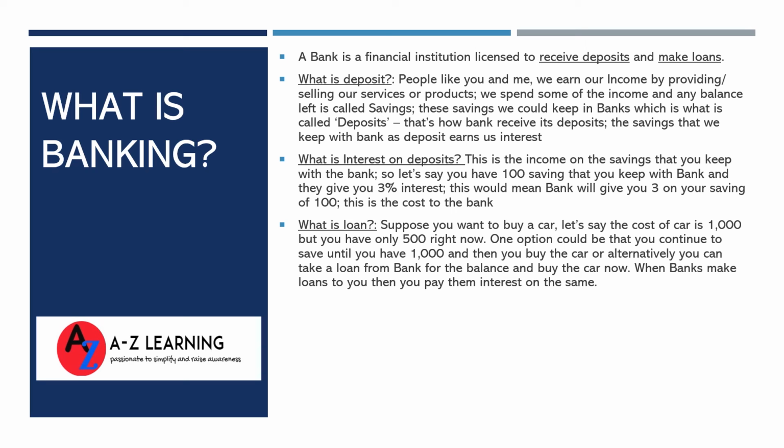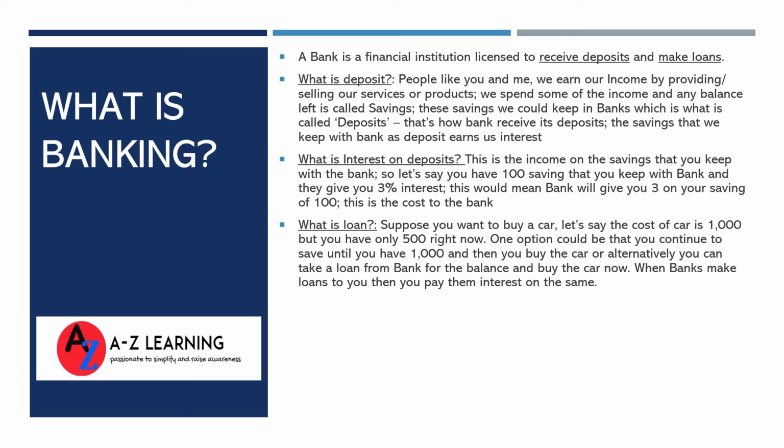So you take that money, and because you're taking that money from the bank, you'll have to pay something back. What is that? You'll have to pay interest to the bank. So the interest that you and I pay to the bank is the bank's income.